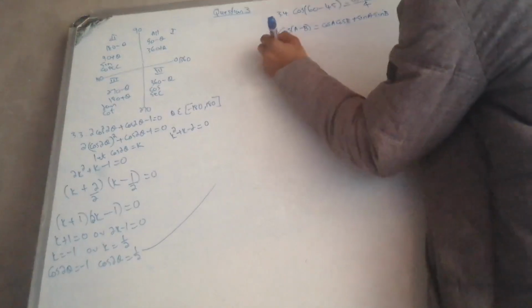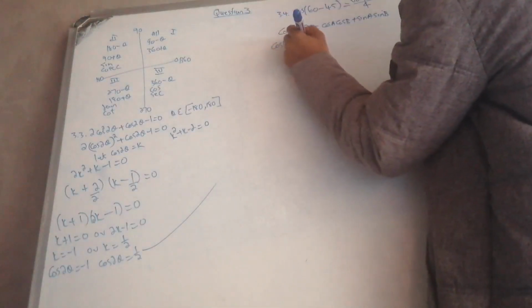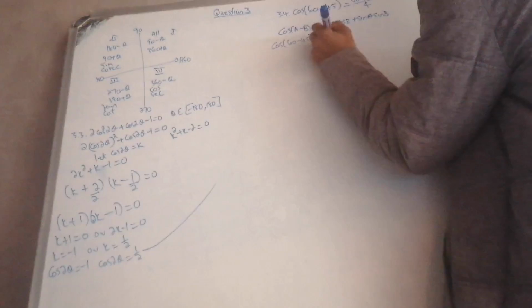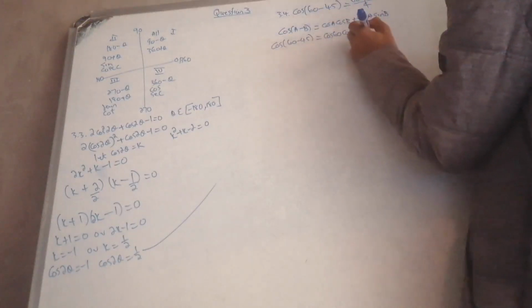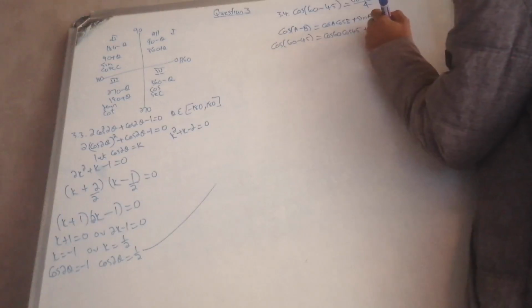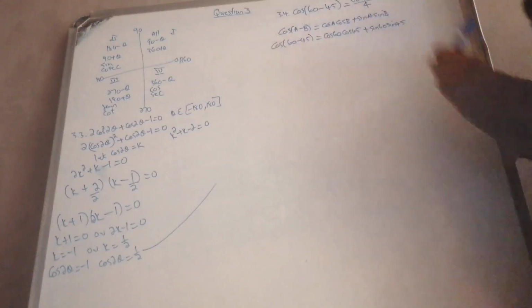So meaning the cos of 60 minus 45, that's cos 60, cos 45 plus sine 60, sine 45.